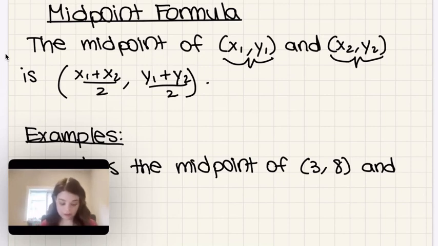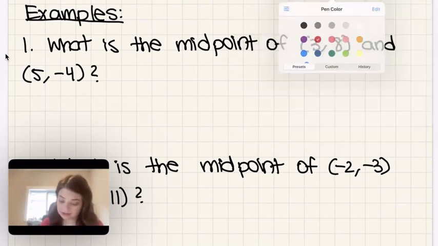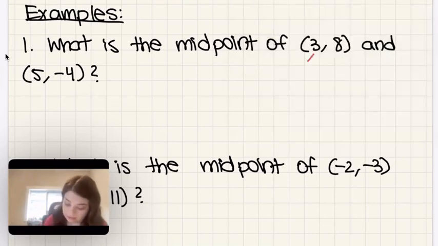So for example, this first example says, what is the midpoint of 3 comma 8 and 5 comma negative 4? First thing I'm going to do is label my x1 and my x2. Here's my x1 and my y1, because this is going to be point number 1, and then I'm going to label this one as x2 and y2.